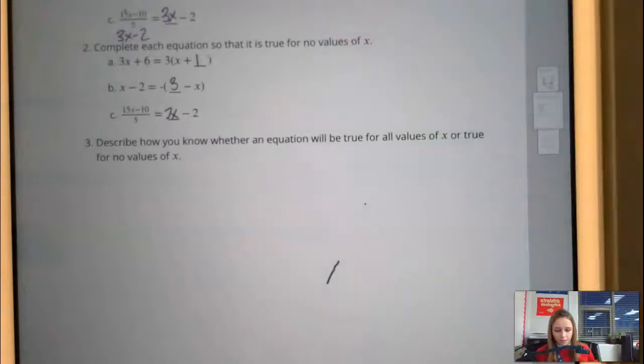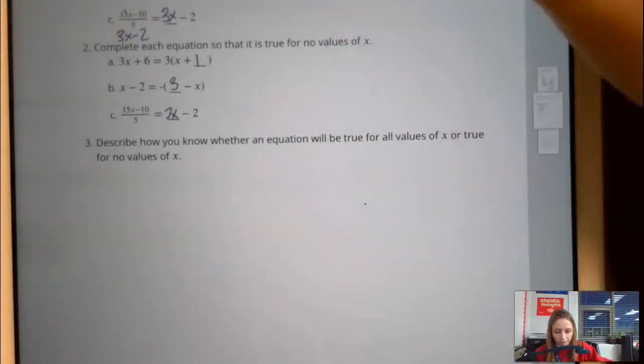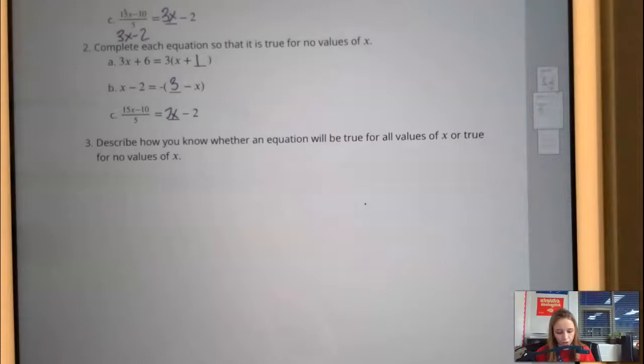Alright, last part here, guys. It says describe how you know whether an equation will be true for all values of x or true for no values of x.